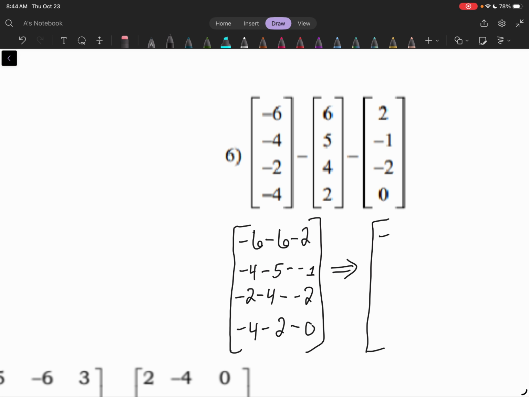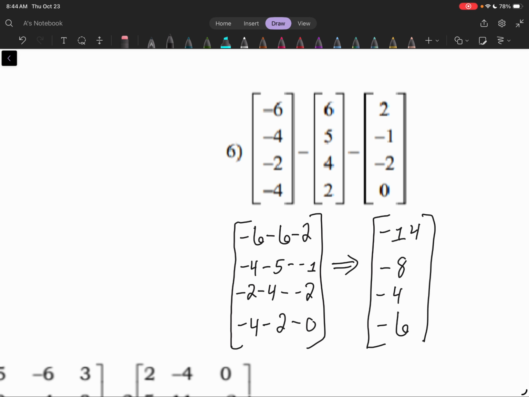Negative 14. Negative 8. Negative 4. Negative 6. Finished.